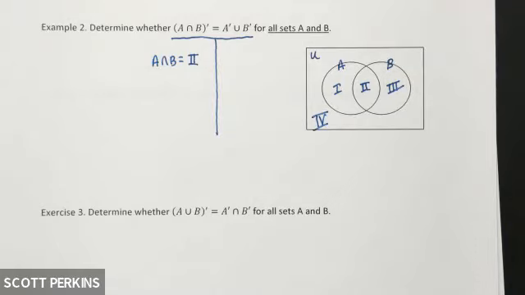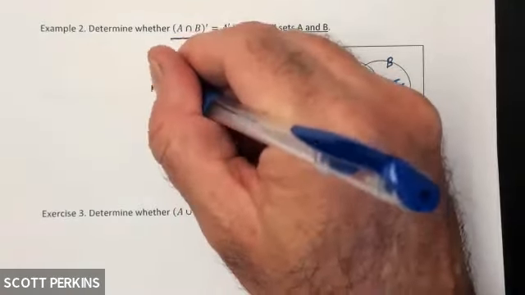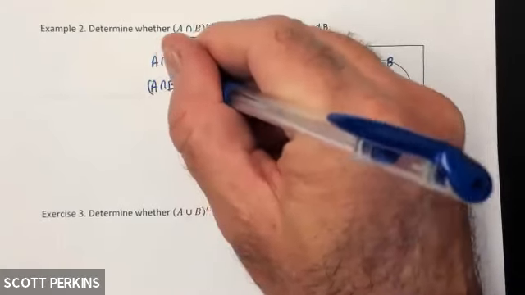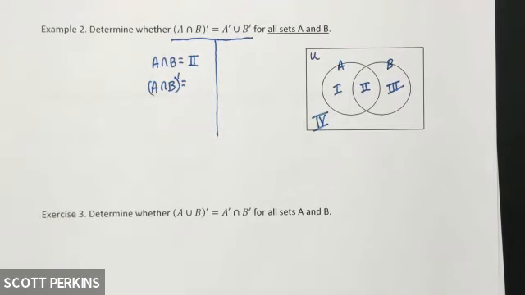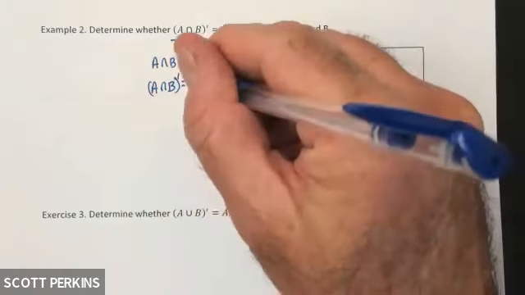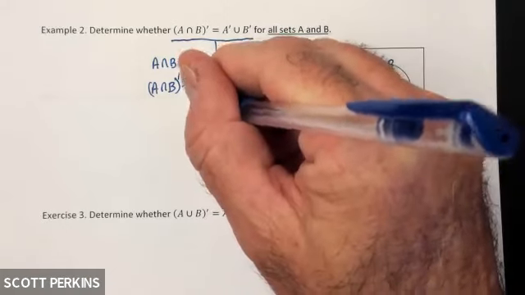Great. Okay, now that I know that, you've already told me twice today at least that the complement is everything else. So what regions represent everything else other than 2? Perfect. 1, 3, and then I didn't leave myself enough room, so I'll just put it down here, 4.